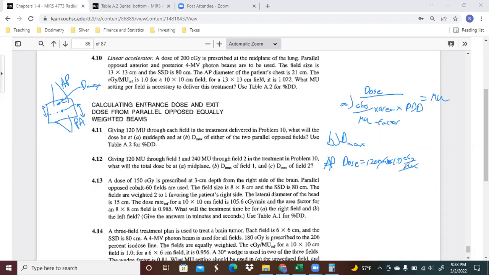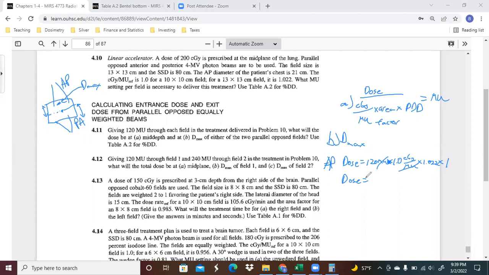So those two units cancel. Times 1.022. Now, what might the PDD be in this case? The PDD, since we're at Dmax, is going to be 1.